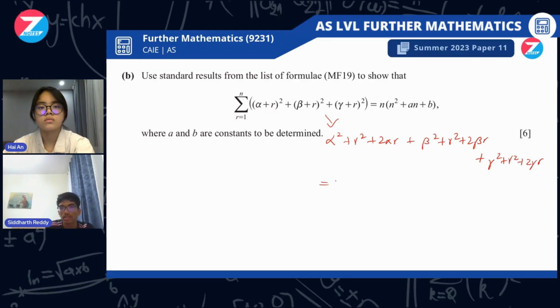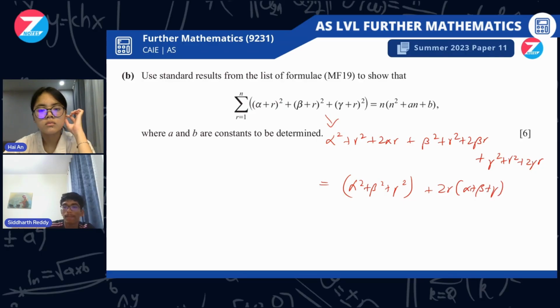So we can write this as alpha square plus beta square plus gamma square plus 2r into alpha plus beta plus gamma and plus 3r square.